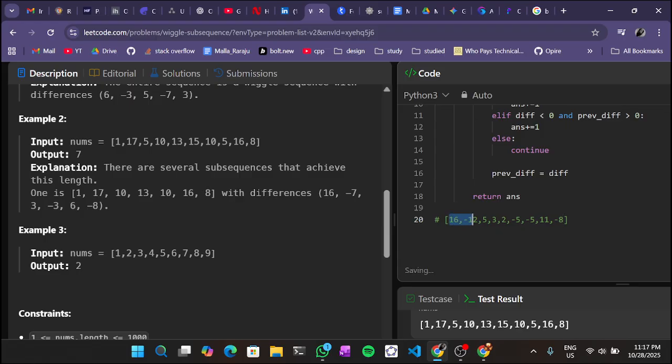Now 1, 2, 3, 4, 5, 6, 7, 8, 9. So I guess we don't need 3, 2 and minus 5. 2, 3, 4, 5, 6. I think it is not as simple as I thought.